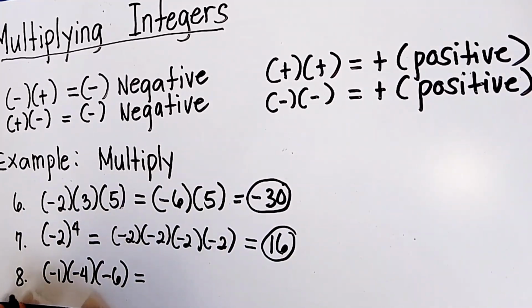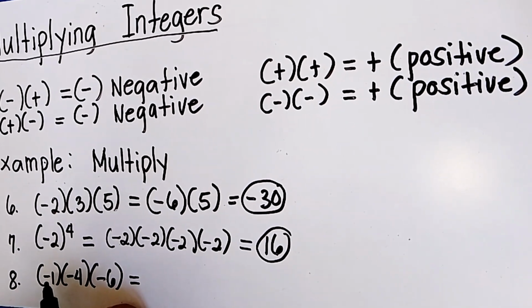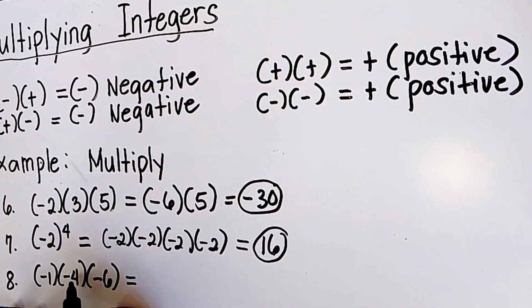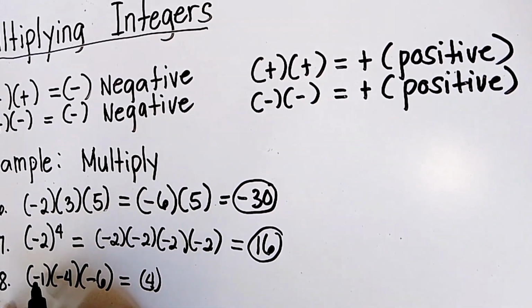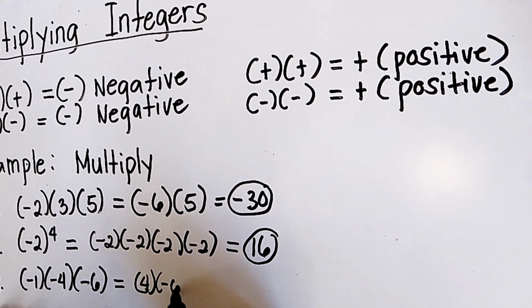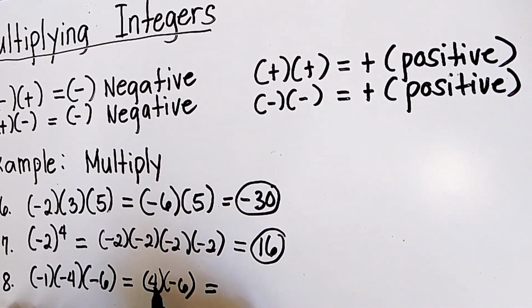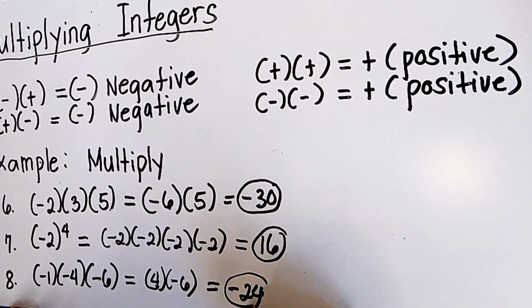Okay? So our example number 8, we have negative 1 times negative 4, that is a positive 4. Negative negative is positive. And then times we have negative 6. So positive 4 times negative 6, that is negative 24.